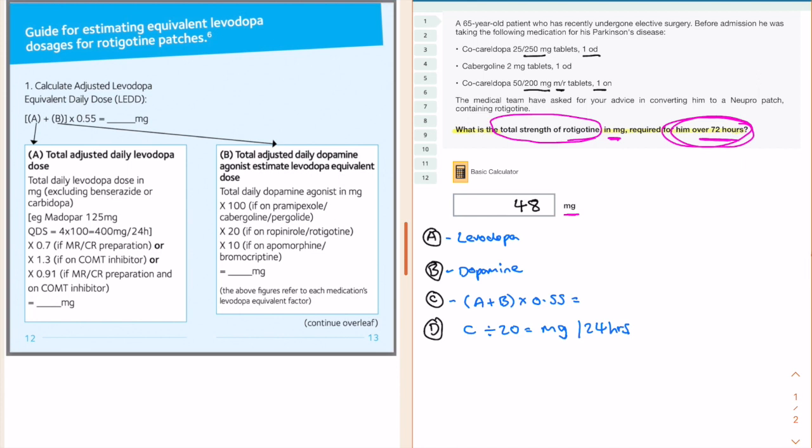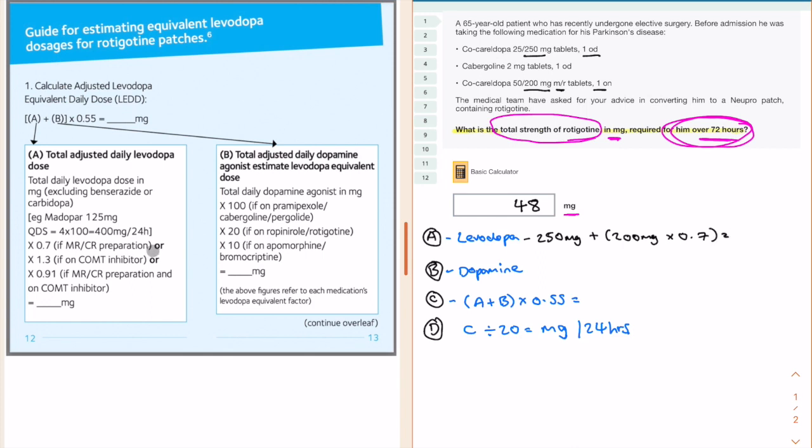So in this scenario, we're going to take our 250 milligram dose up here and start with that. We write down for our levodopa, 250 milligrams plus 200 milligrams of the modified release version, so 200 milligrams multiplied by 0.7.